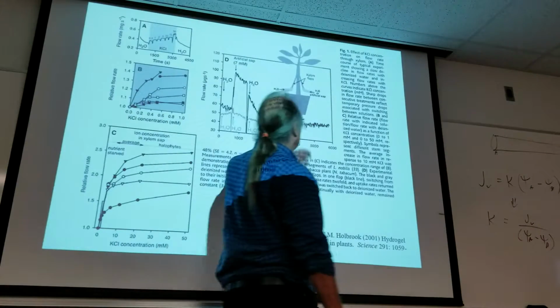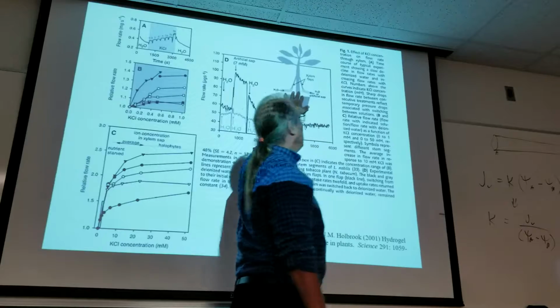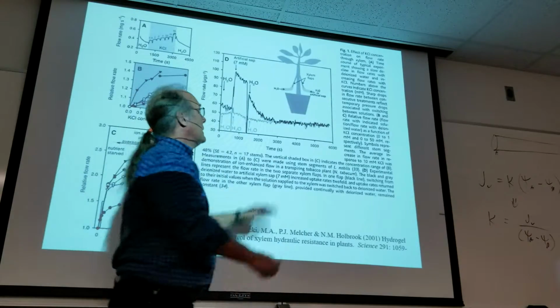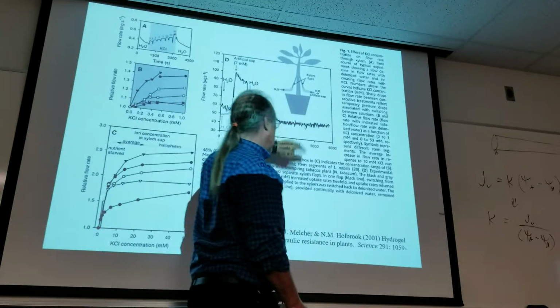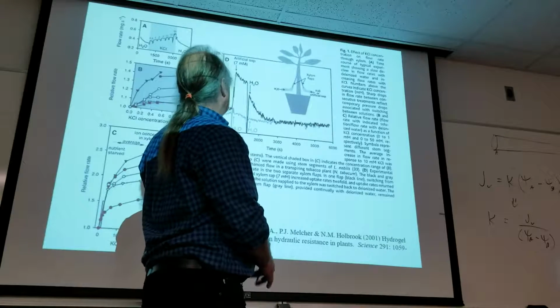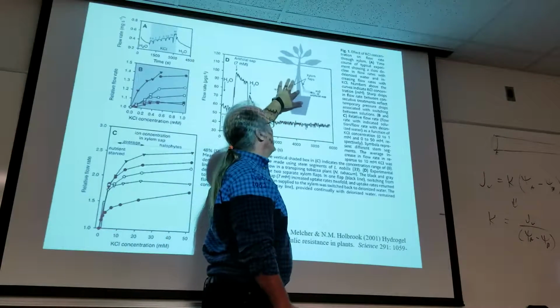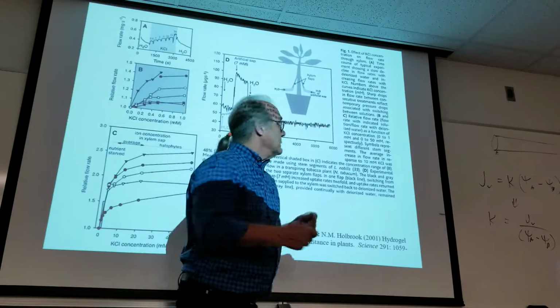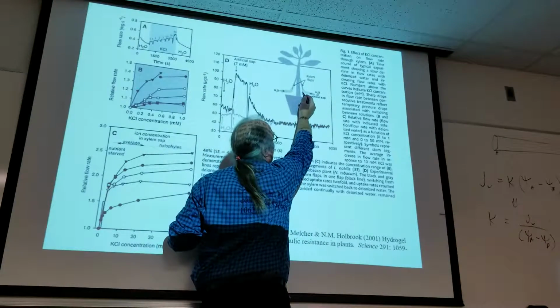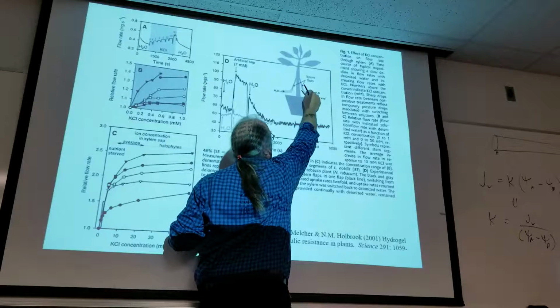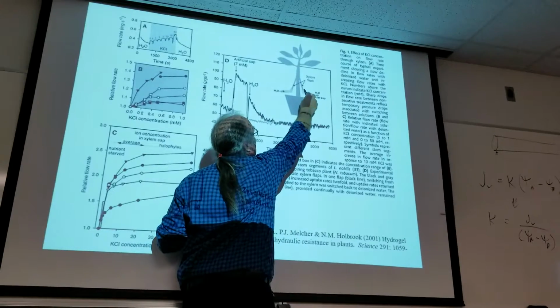They also did an experiment with living tissue. So here's a plant that they had growing, I think this is tobacco. What they did with these tobacco plants is they peeled off the outer part of the stem that contained xylem vessels in it.